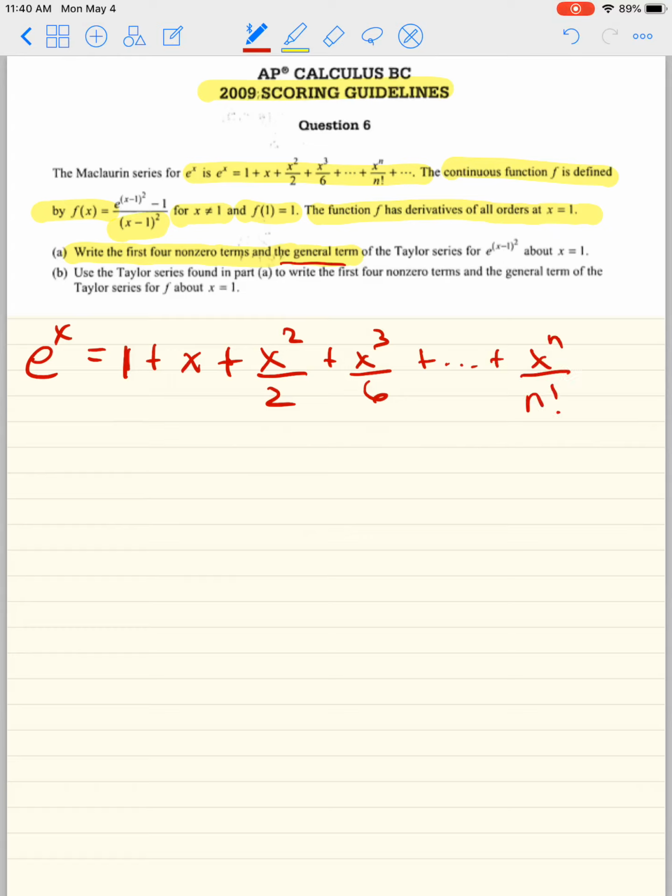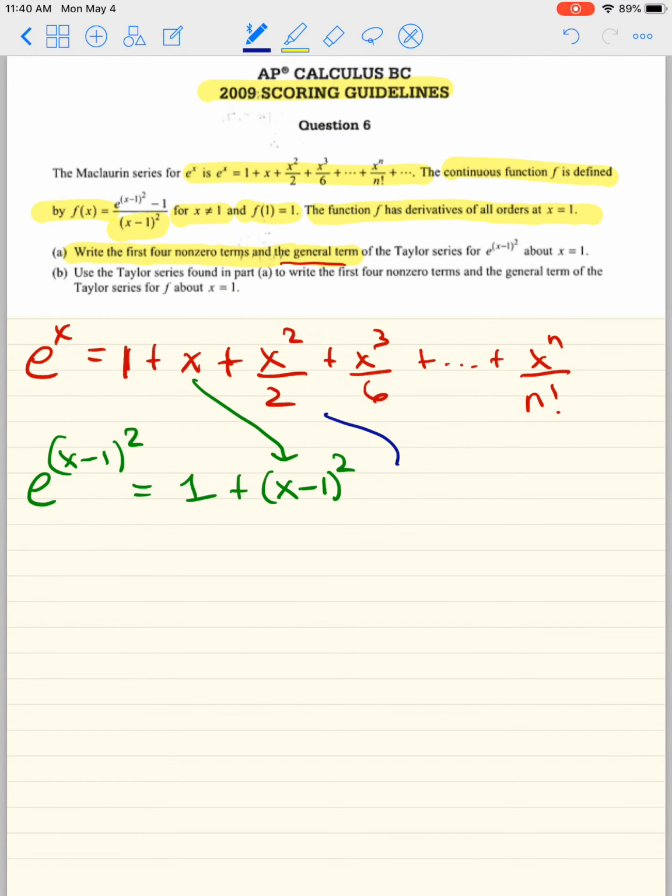And then every time, so now we got to color code this, e to the x minus 1 squared, all I have to do is put that everywhere I see an x. So I see an x, I put x minus 1 squared, okay? Let's get a different color here.